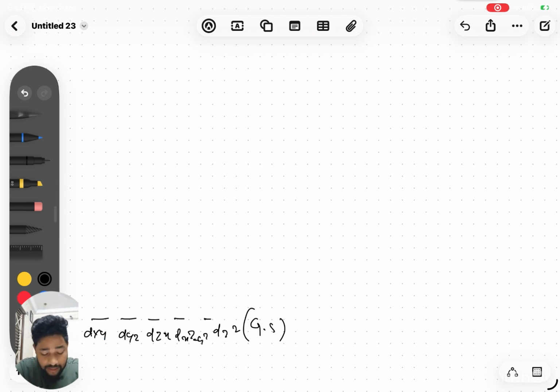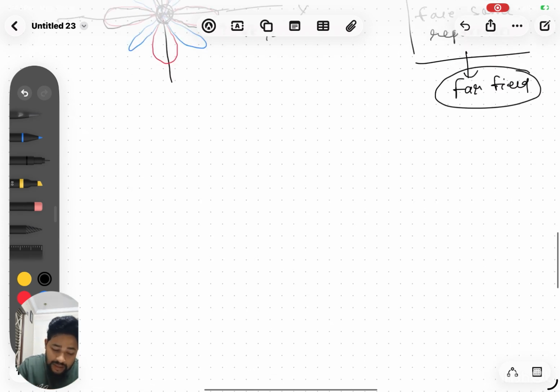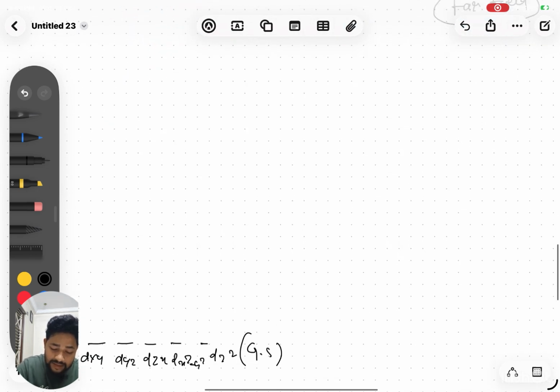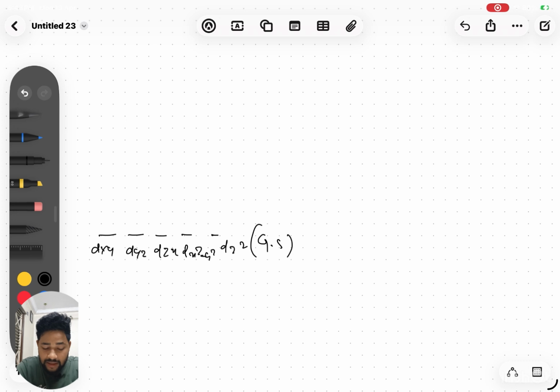Due to the far field, the ligand is coming nearer to the metal, and they have the same type of repulsion, so all axial and non-axial orbitals increase in energy in a similar way.